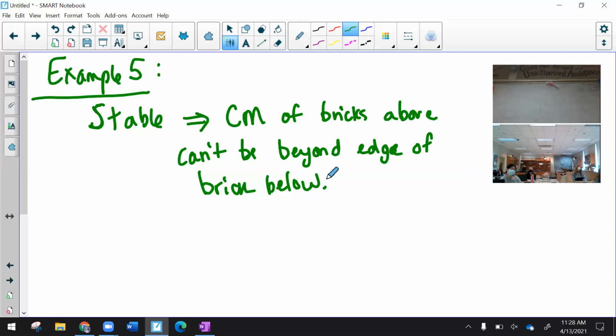That's why you fall over, because all of a sudden your center of mass isn't over the rest of you. And that's why you step back, to bring part of your body underneath your center of mass. Make sense? We understand? That's really the whole point of the problem, that if you're asked to balance things on the AP exam, you understand that the center of mass has to be where it has to be.